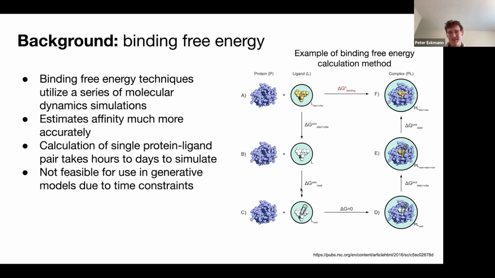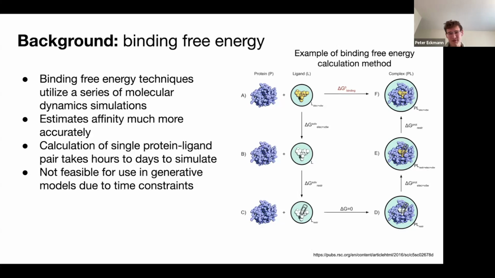We attach the protein to the ligand, and then we turn back on the interactions to get this final complex of the protein and ligand in interaction with water. Through these calculations, we can calculate the delta G, which is the binding free energy. This process is a lot more involved than docking, but it's also a lot more accurate.